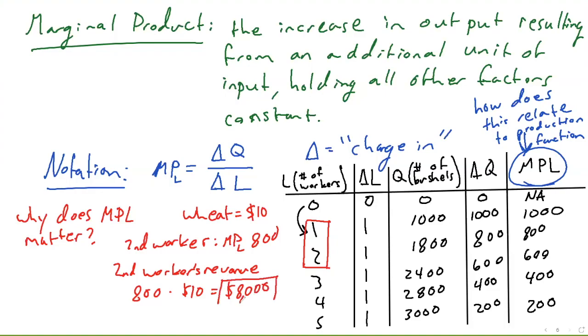So this value is the maximum that the firm is willing to pay that worker. If they pay them any more than this, then they're not going to generate any profit from hiring that worker.